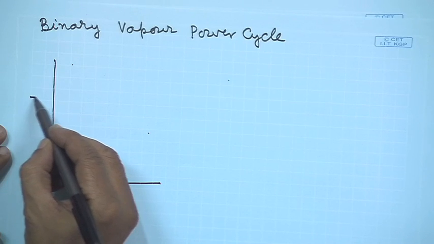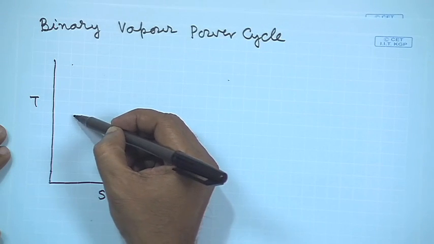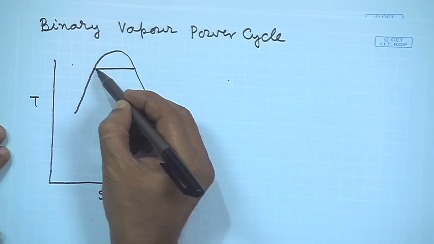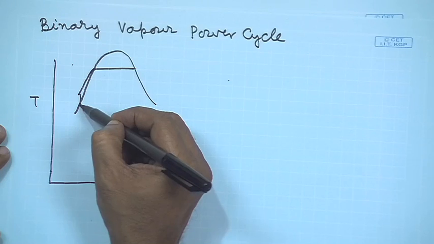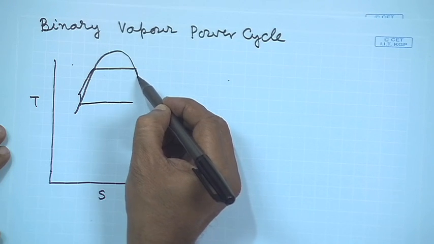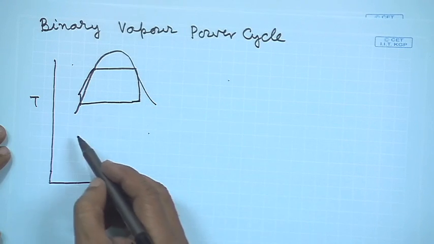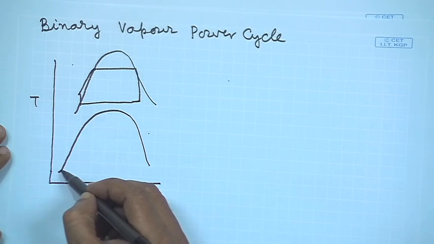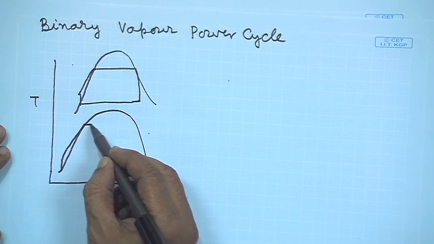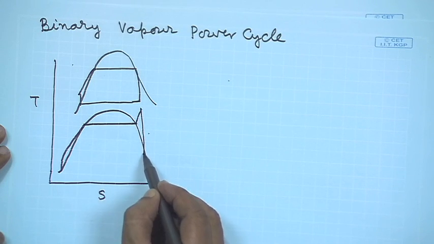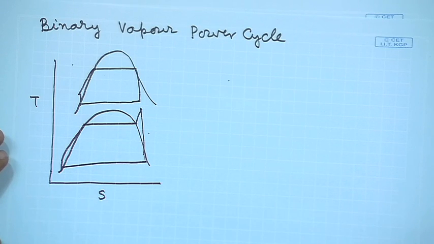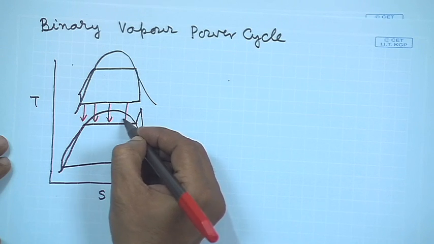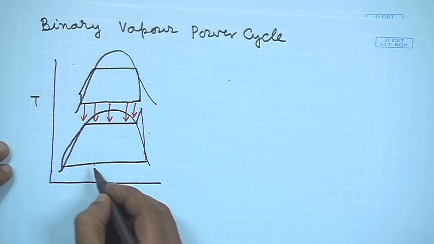This is our TS diagram. At the top we are having one cycle, and at the bottom we are having another cycle, and the heat rejected by the topping cycle is taken up by the bottoming cycle.